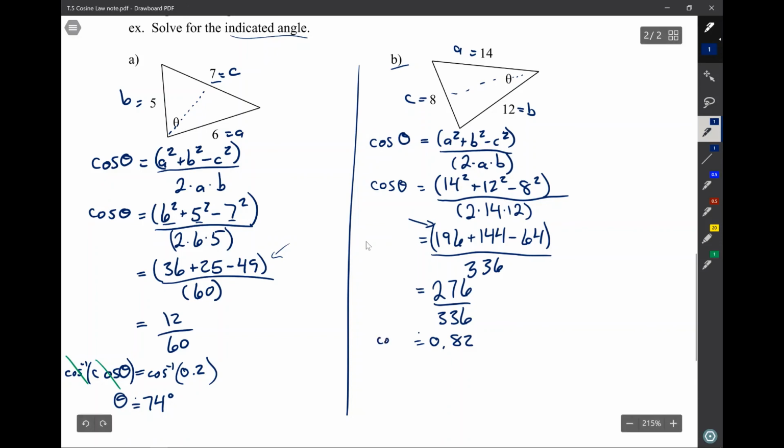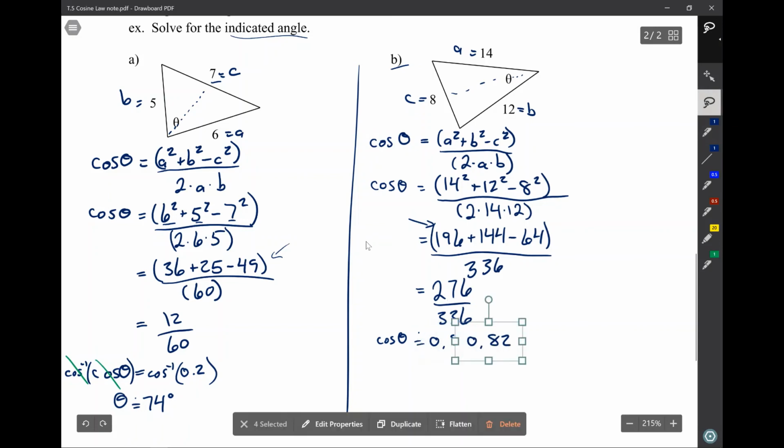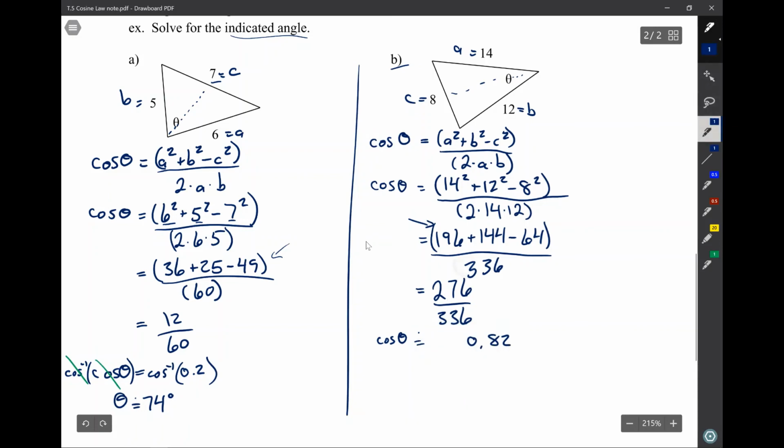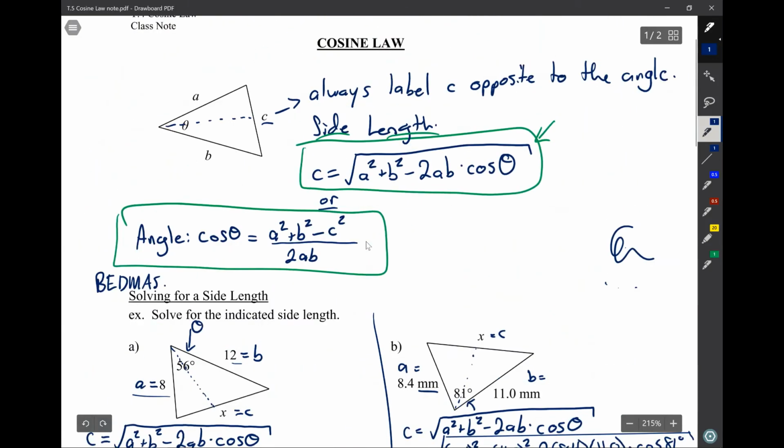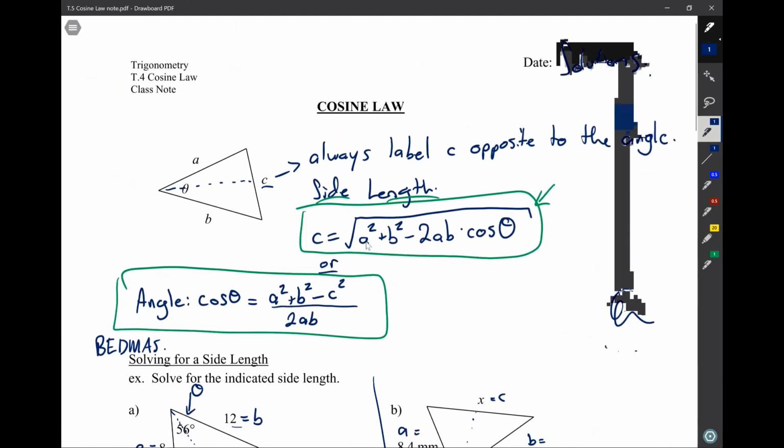And I still have my cosine of theta on my left-hand side. The goal here, once more, is to isolate for theta, and that means I need to take the inverse cosine. If I do that on the left side, I need to do it on the right side here. My inverse cosine and my cosine cancel out, leaving me with theta equals the inverse cosine of 0.82, which I can use my calculator to find that it equals about 35 degrees. So that's how we'll solve these problems. Now we should be ready to solve almost any triangle that comes our way.